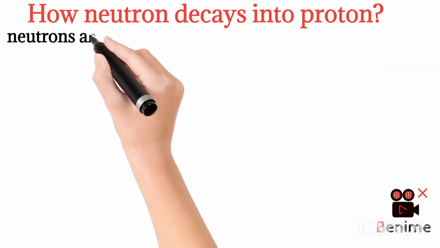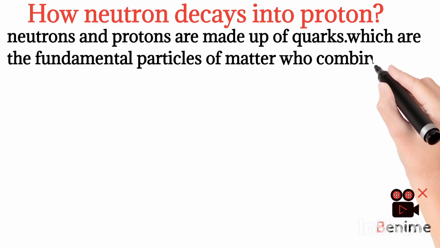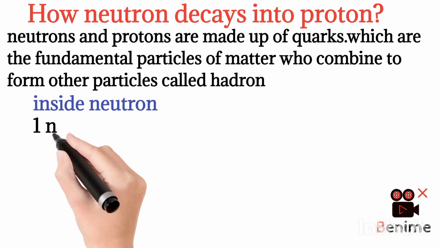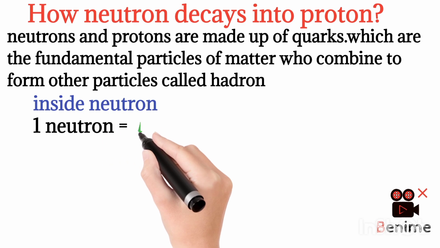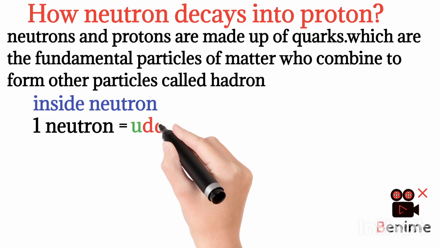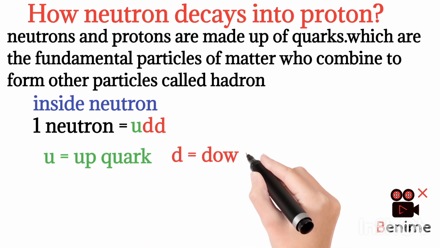How does a neutron decay into a proton? This happens due to changes in quarks, which are elementary particles that combine to form protons or neutrons. Neutrons are made up of 3 quarks, 2 of them are down quarks and 1 is an up quark.